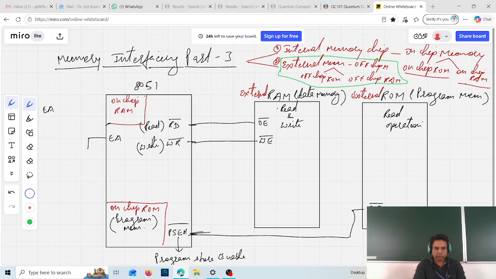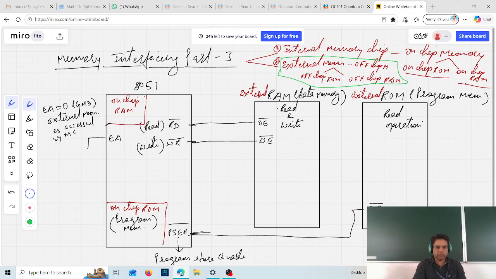If EA is connected to the ground or binary zero, then external memory, that is off-chip memory, is accessed by your microcontroller.